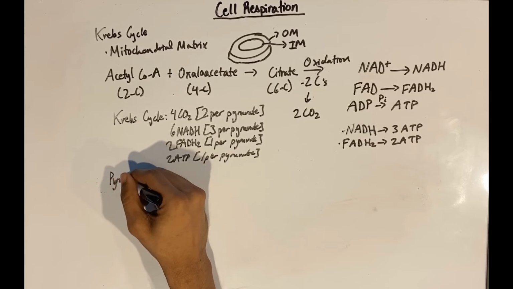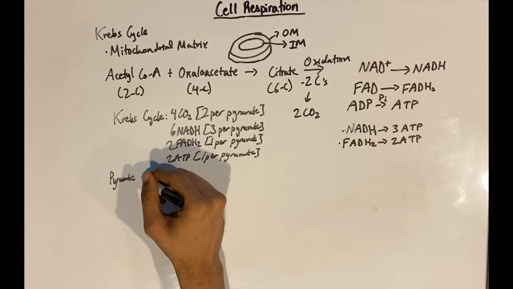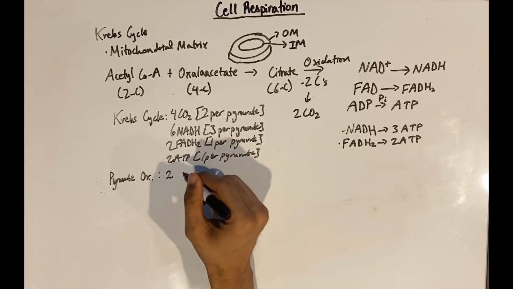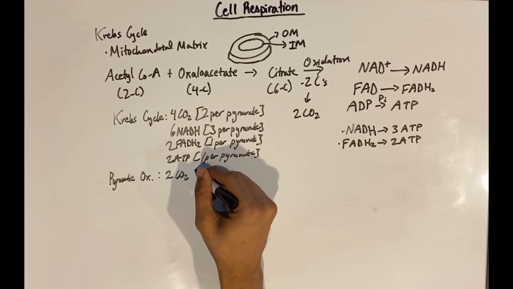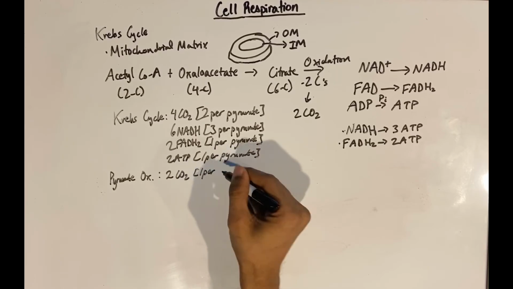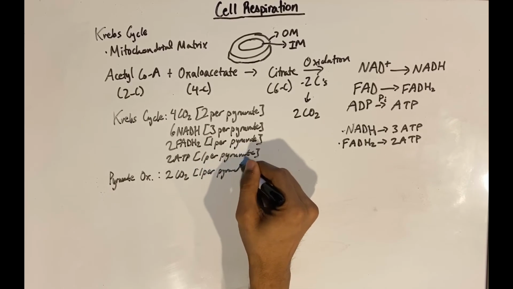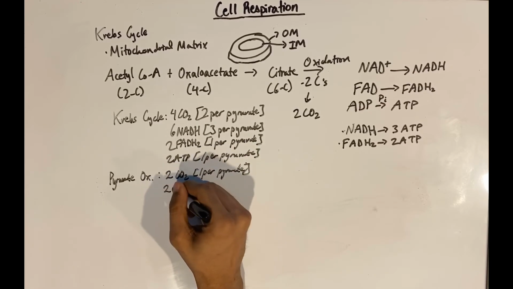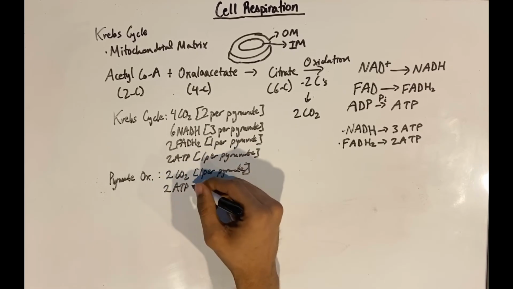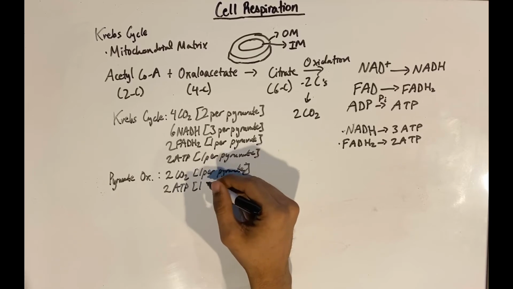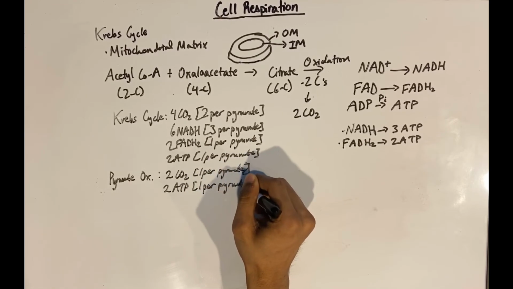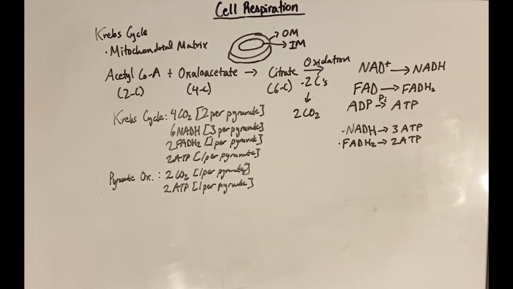Pyruvate oxidation, on the other hand, produces 2 CO2, 1 per pyruvate, and 2 ATP, 1 per pyruvate.